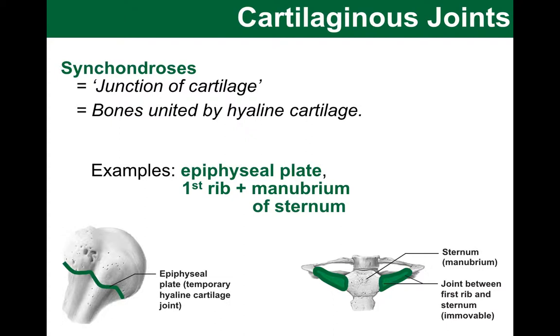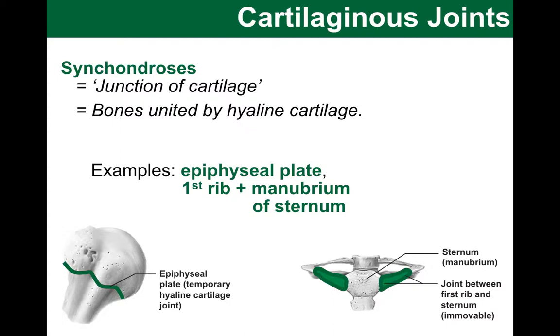And what is noteworthy is that pretty much all of these are immovable, so we have very strong joints. And this time I have 2 examples to give. The epiphyseal plate in children's long bones is a good one, and then we have also the immovable joint that connects our first rib to the manubrium of the sternum, so our chest bone. This as well does not move.